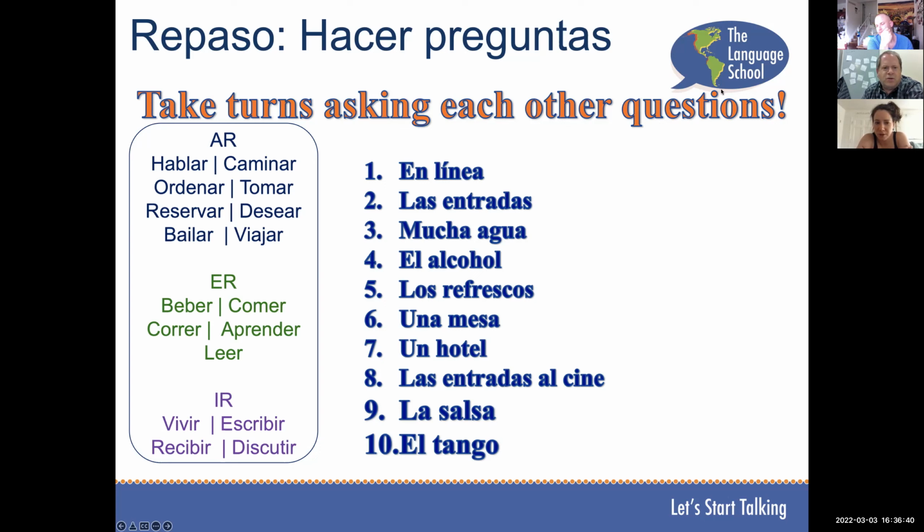No, no reservo una mesa. ¿Tú reservas un hotel? Sí, yo reservo un hotel.